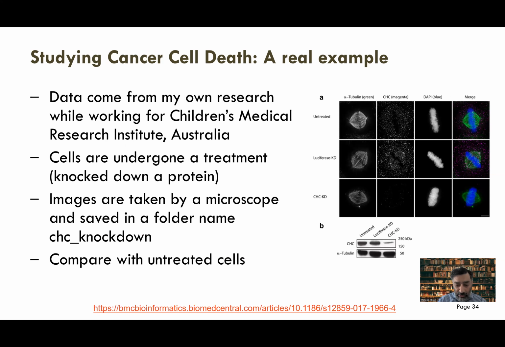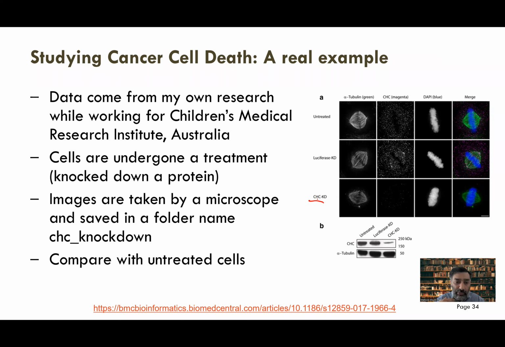Right. So in today's Jupyter notebook, the practice we're going to do uses a research paper published in 2017, where we were looking at the efficacy of an experimental procedure where we knocked out the clathrin heavy chain protein. We know that this protein is heavily involved in cancer.